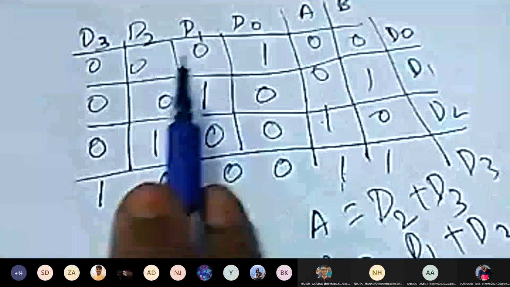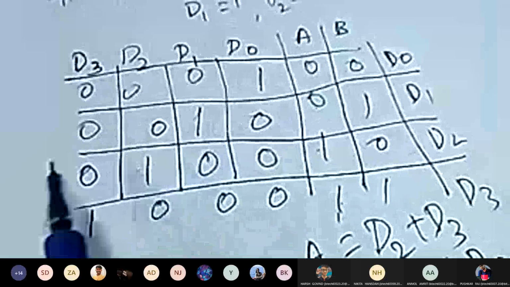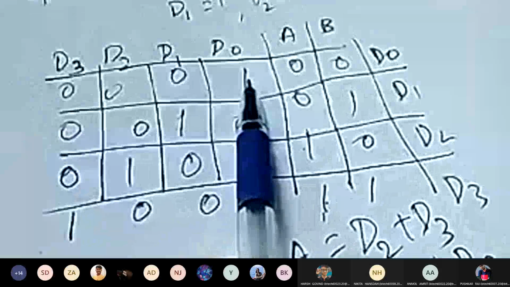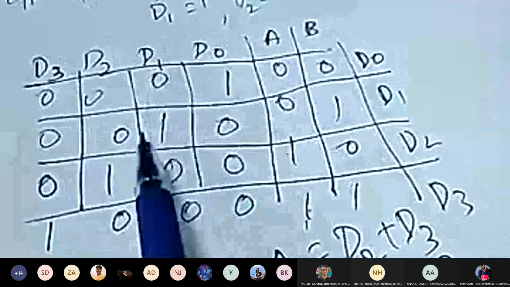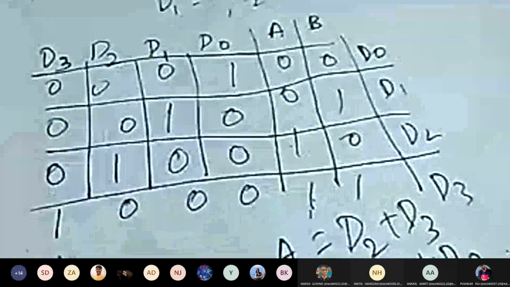Now in this truth table, we are seeing that only one input is high at a time. That means either D0 is high, or D1 is high, or D2 is high, or D3 is high.